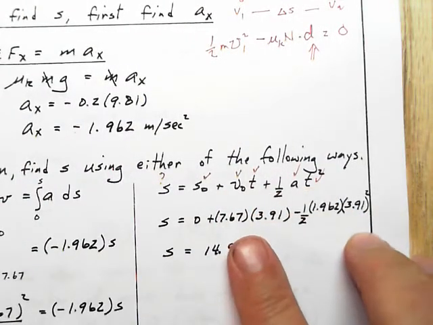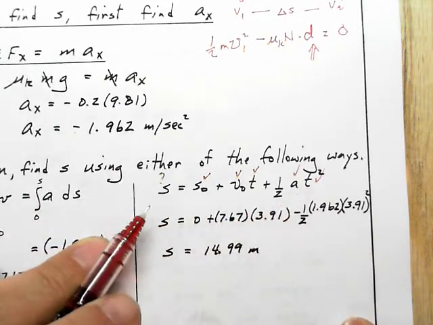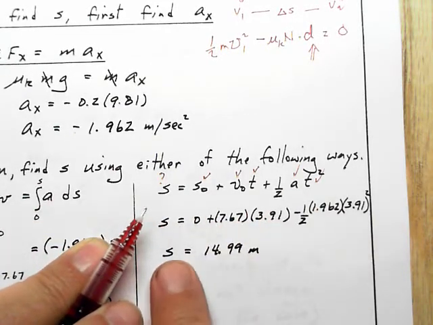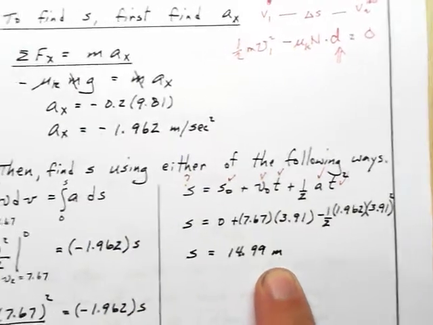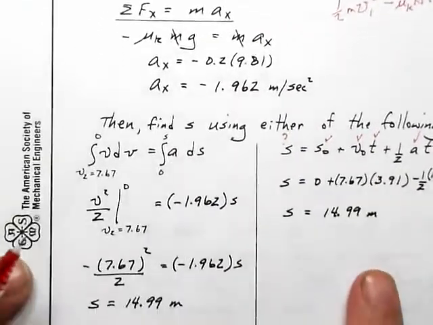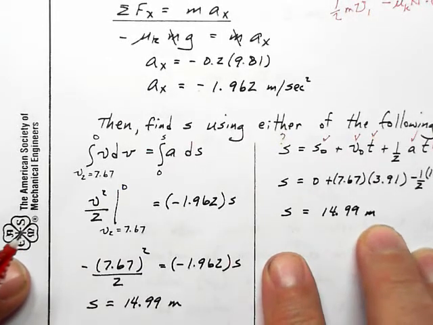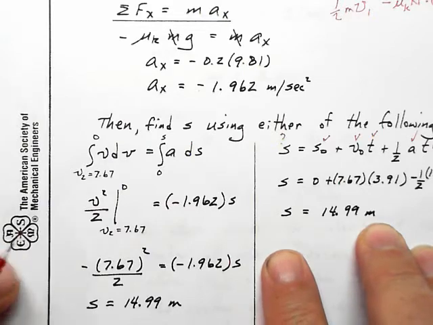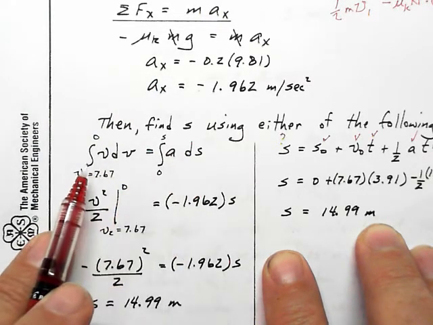I plug in everything known on the right hand side with my position equation for constant acceleration and come up with 14.99 meters. The other side of this page says, you know what, we could have used the a ds equals v dv term, okay, and integrate it, but we didn't have to integrate it.